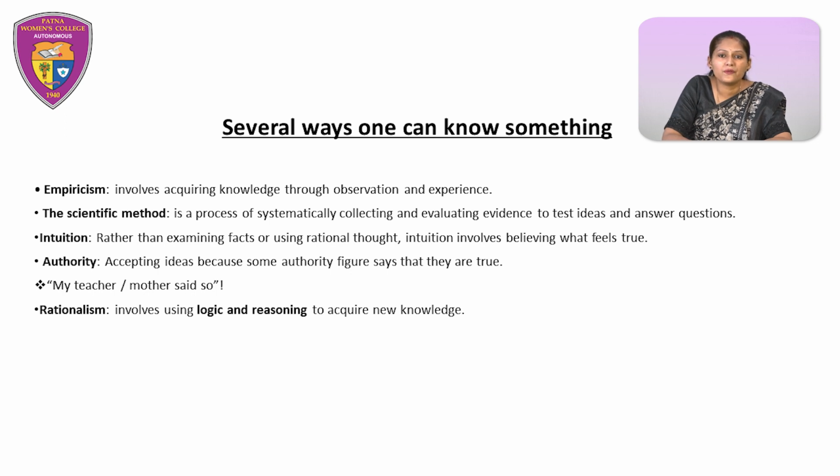There are many more ways to gain knowledge like intuition, which involves believing what feels true, and authority, which involves gaining knowledge from some authority figure like mother, teacher, boss, etc. These are the traditional methods of getting knowledge, but the method on which AI relies is rationalism, which involves logic and reasoning to acquire new knowledge.